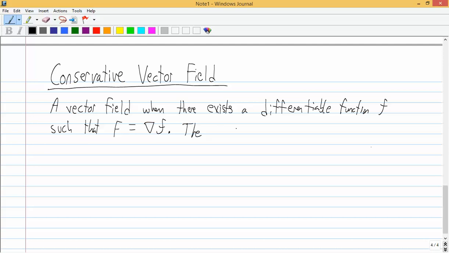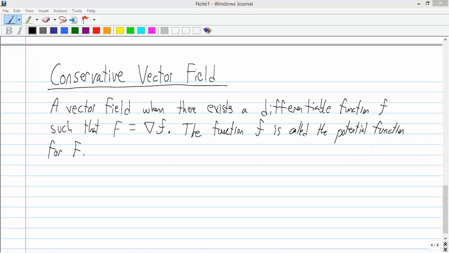The function f, lowercase f, is called the potential function for capital F. Here's a little fun fact: every inverse square field is conservative.